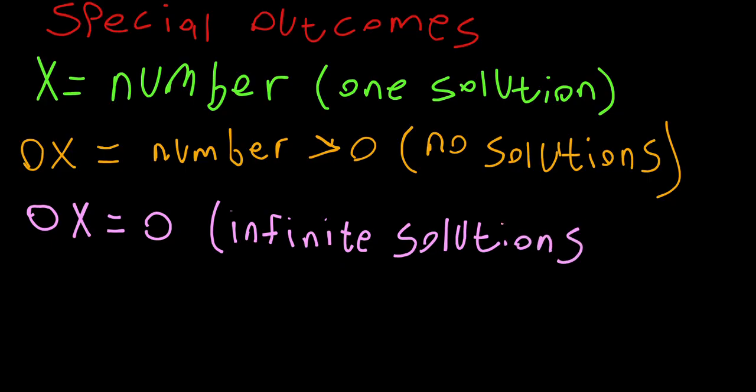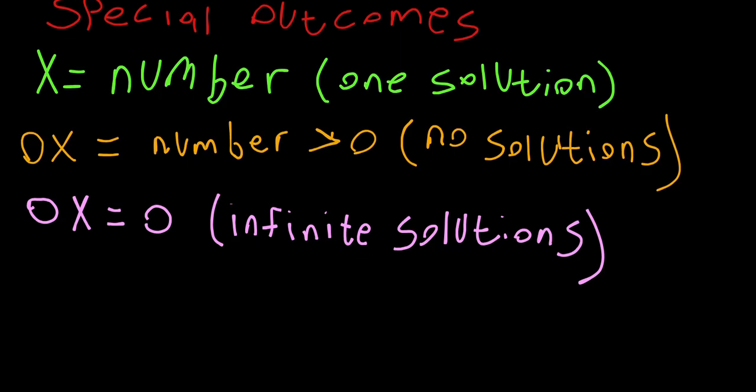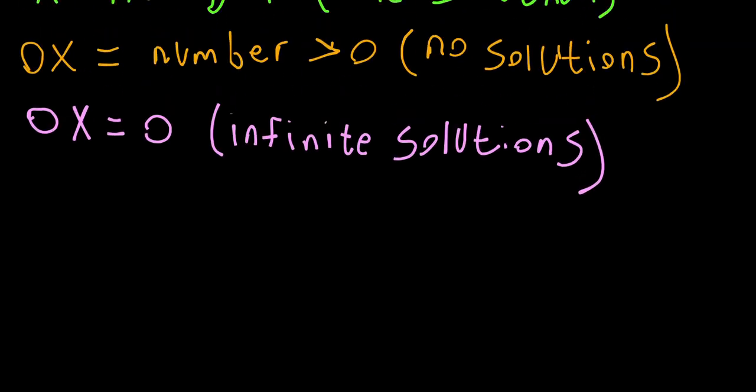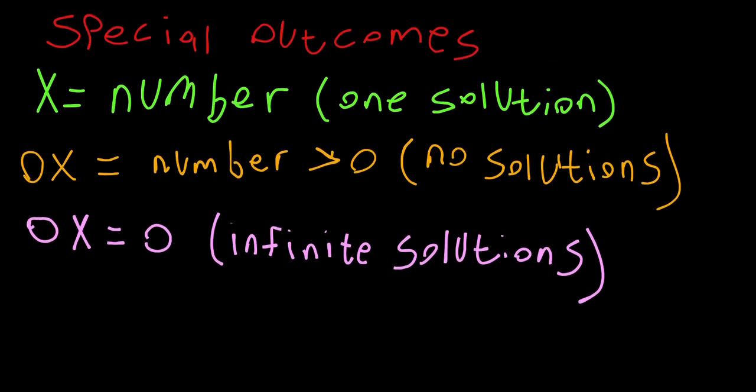This is all things you're going to need to know as you proceed in your algebra journey. I simply wanted to introduce them to you here. You won't use them in the practice set, but it will be coming soon. We'll go much more in depth on that. So just as a final review, if x equals a number, we have one solution.